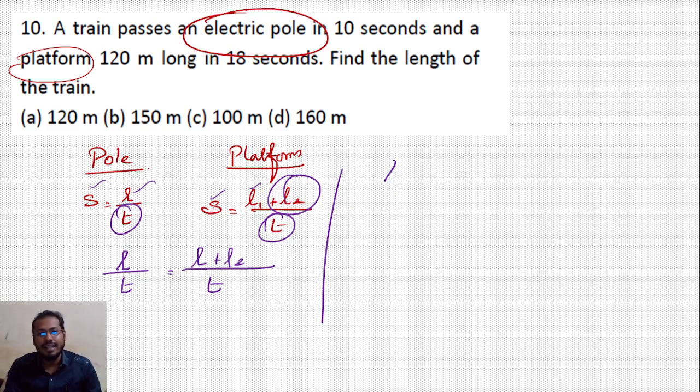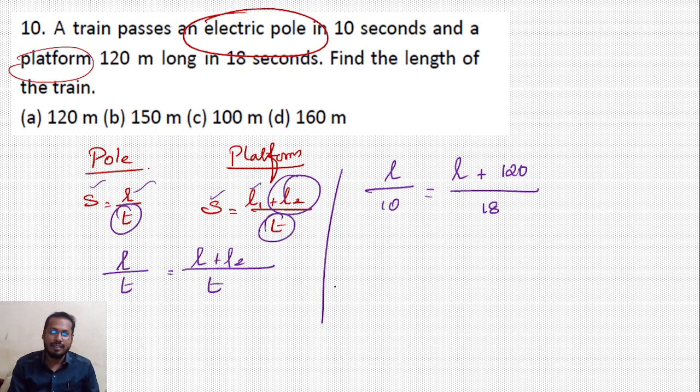Okay. So length we don't know, but time takes 10 seconds to cross the pole. And on the other hand, length plus L2, L2 is 120 meter over 18 seconds. Correct? So just find out the L value. 10 and 18, 5 and here it will be 9.